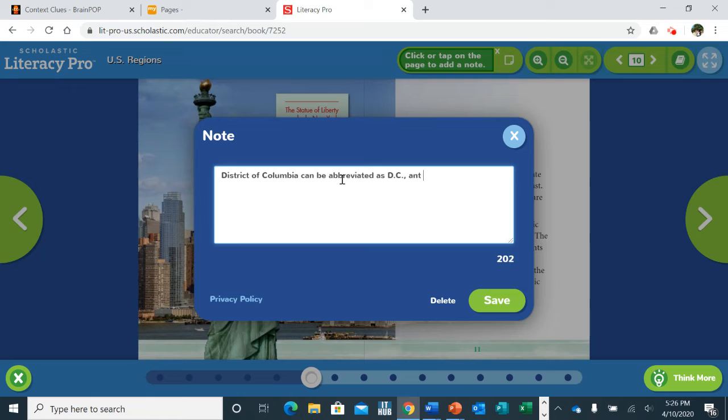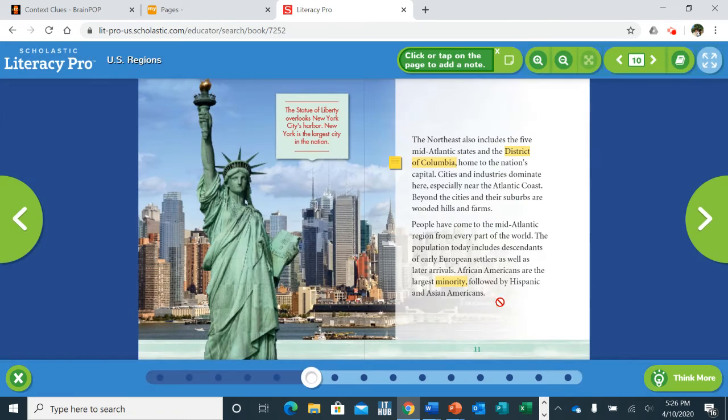And my goodness, it's located in Washington, D.C., okay, which is our nation's capital.